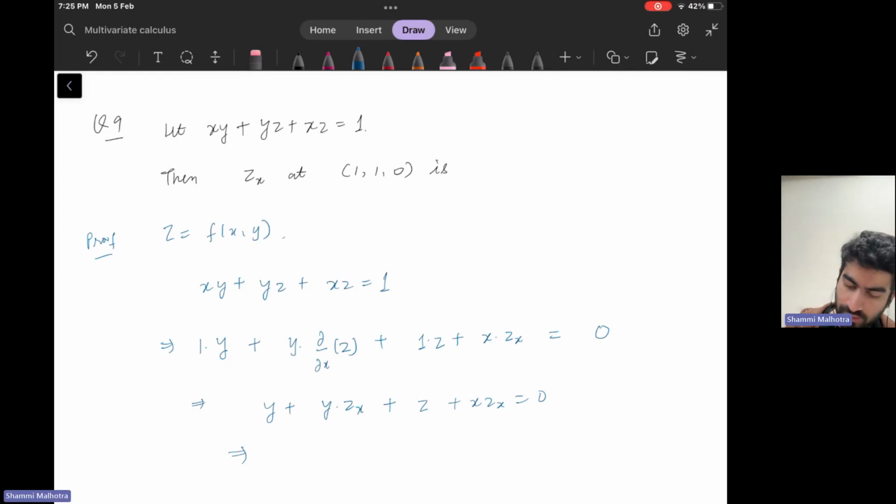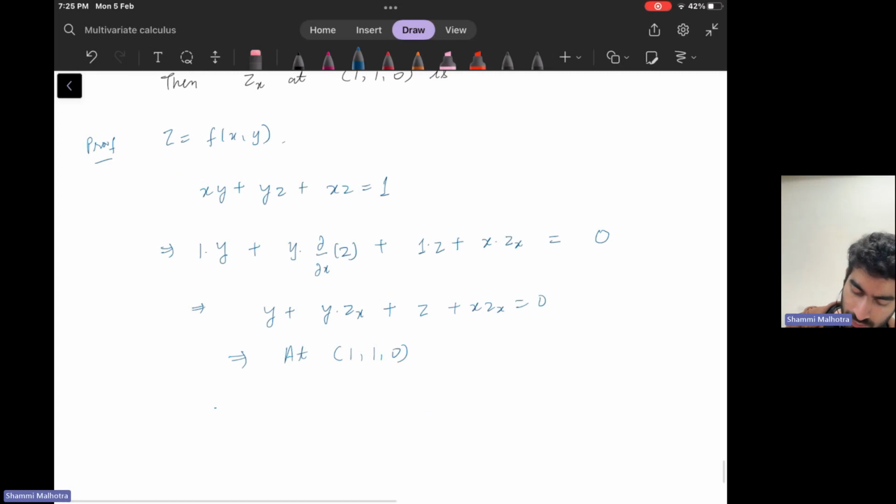Eventually I have to calculate zx at (1, 1, 0). So at (1, 1, 0), this would be 1 plus 1 times zx plus 0 plus 1 times zx equal to 0, and this implies twice of zx plus 1 equal to 0, and this implies that zx has to be equal to minus half.